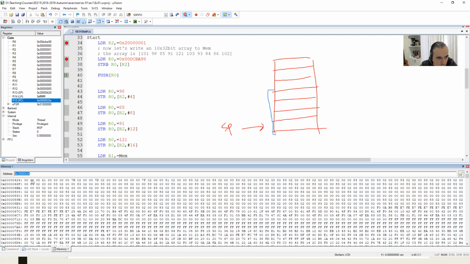So 24, 25, 26, 27, and 28. Actually, the stack pointer is pointing to this location. Sorry, not this location. This location. Any questions about this? Because it's written here. Stack pointer is pointing to this location.